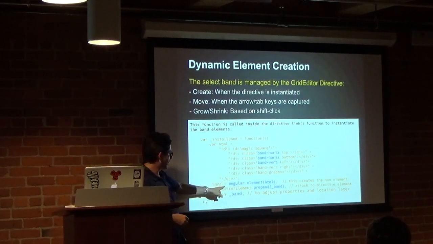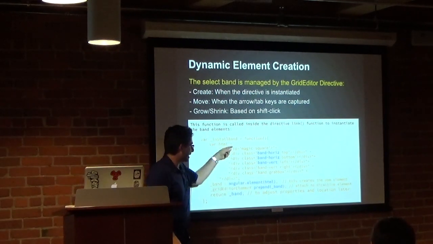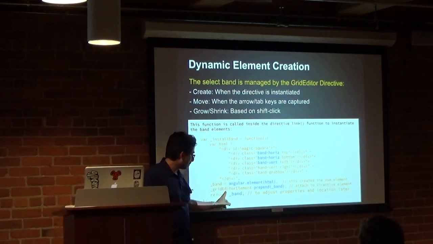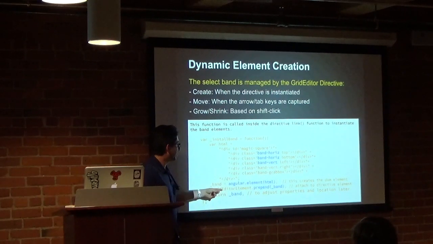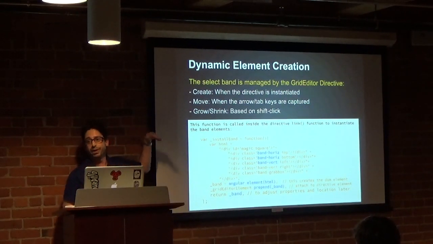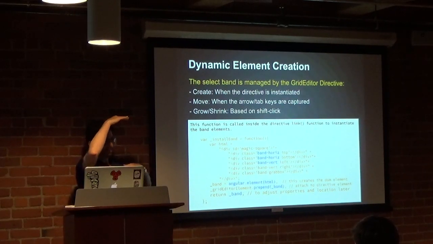And then there's this magic here, which is very jQuery-esque: angular.element with the HTML text. It will instantiate that. And then here it says gridEditorElement.prepend. This gridEditorElement is just a variable that has the actual element of the directive where it was created. So this band now exists inside of this piece of DOM, and it can be moved around.